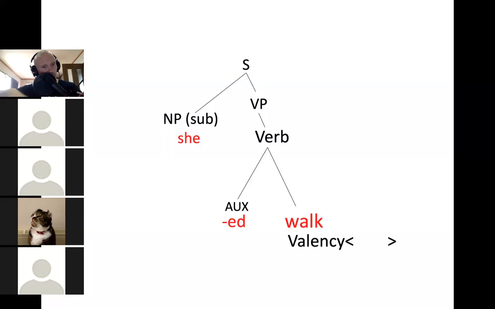And she walked. Deep down, the structure is the same. It's the same basic rule. And then you can say, well, maybe all languages are deep down the same. You just got funny invisible movement. If you allow invisible movement, then you can say, maybe all languages are the same deep down.